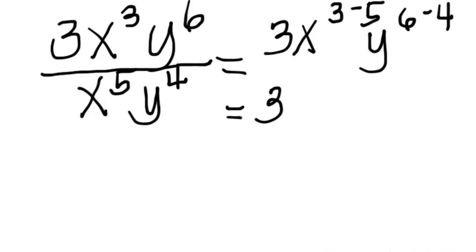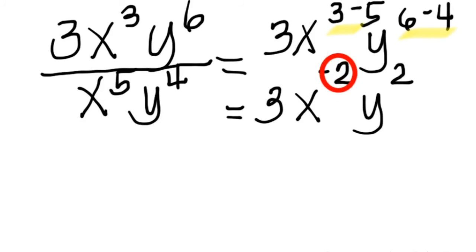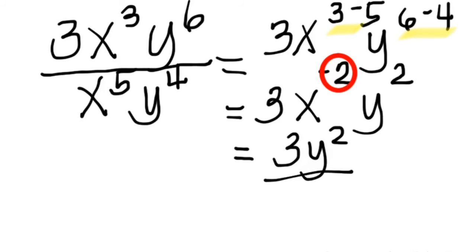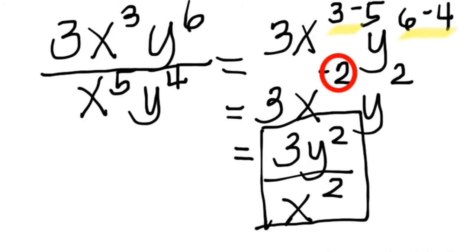So we're going to have 3 minus 5, so that is negative 2, x raised to negative 2, and then 6 minus 4, we have y squared. Dahil hindi pwede ang negative exponent, kailangan natin siyang gawing positive. So para maging positive, ilalagay lang natin siya sa denominator or ibababa natin siya. So maiiwan lang sa numerator is yung 3y squared over x squared. So kapag nilagay natin sa denominator yung negative exponent, magiging positive exponent na siya. So our answer is 3y squared over x squared.